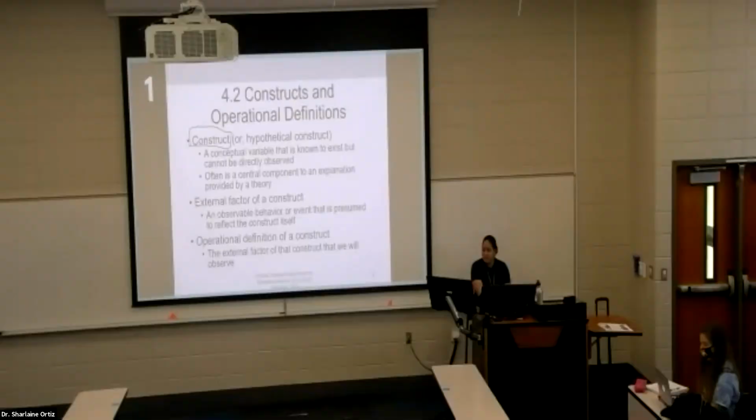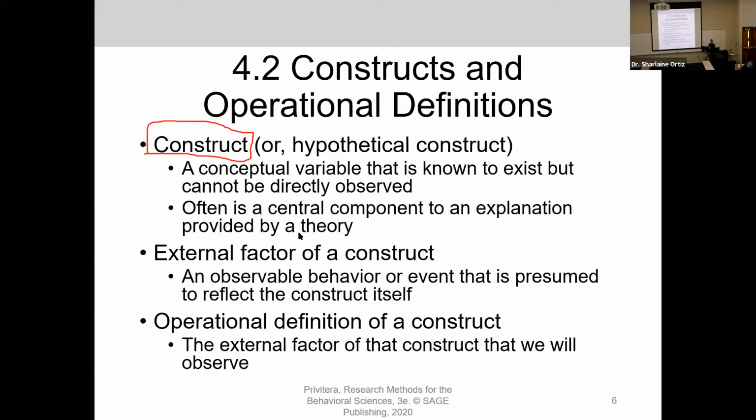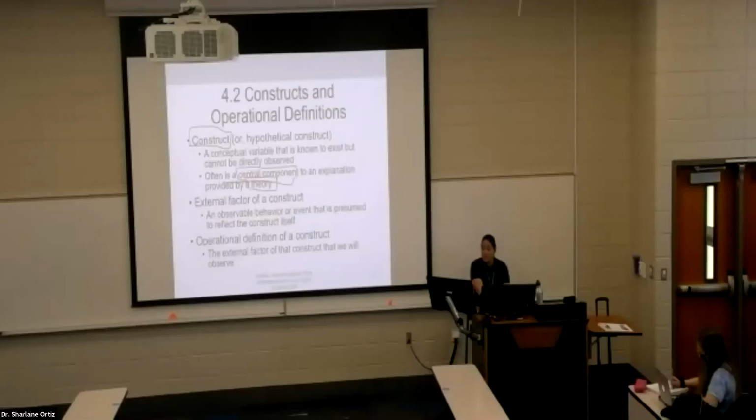Generally, these definitions will come from a theory, right? And they are generally the central components of a theory. Any questions so far about constructs? So a construct is basically a definition about something I know for a fact exists, I just cannot simply observe it directly.